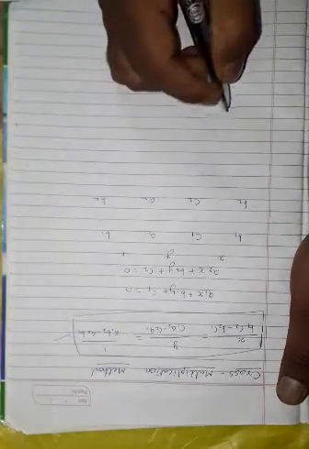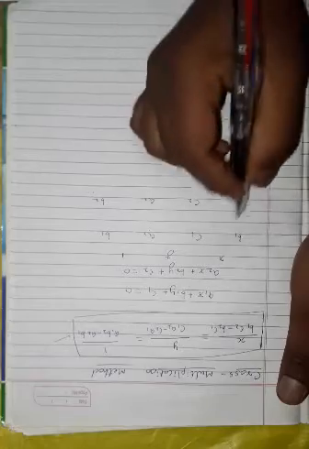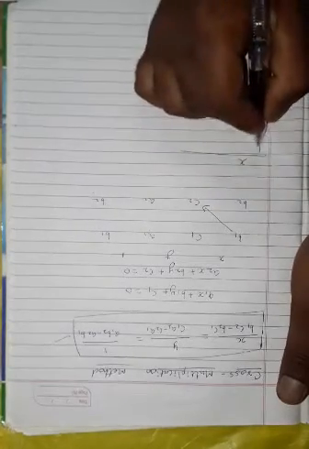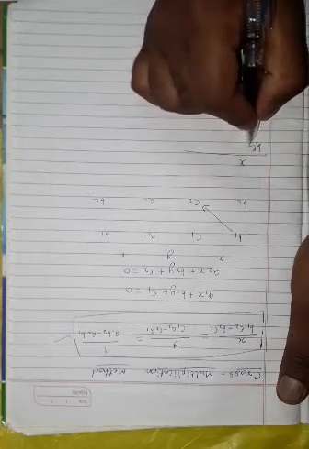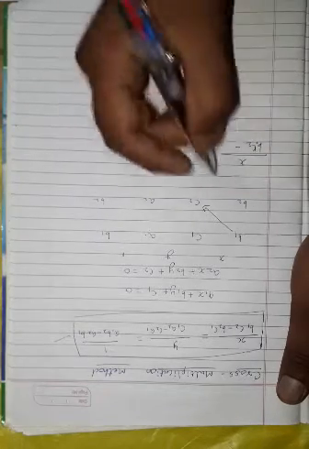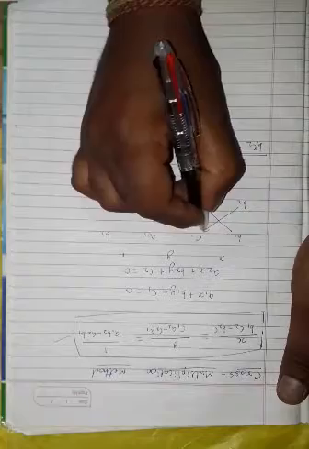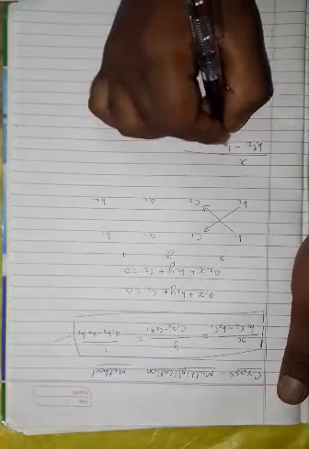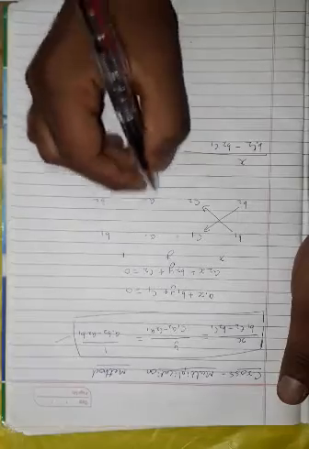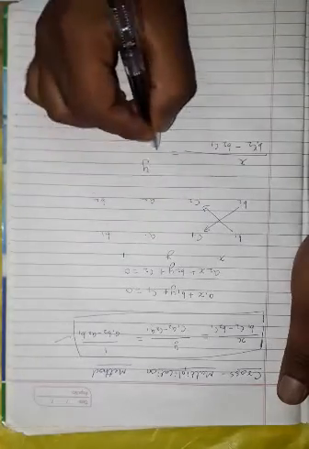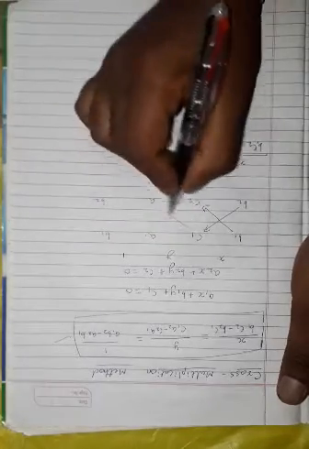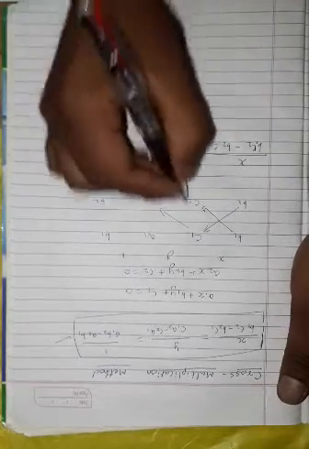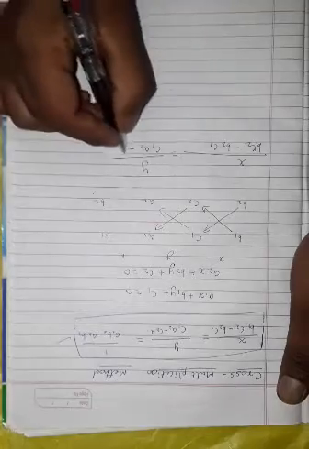While writing the formula, for x, first we multiply b1 and c2, b1 c2, then minus b2 into c1. Then for y, it is equal to y divided by c1 into a2 minus c2 into a1.